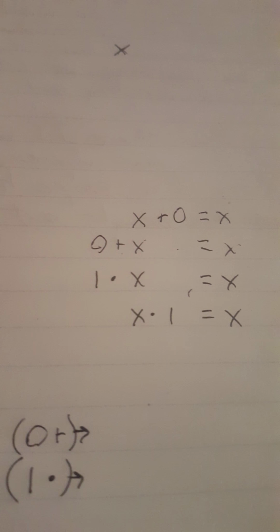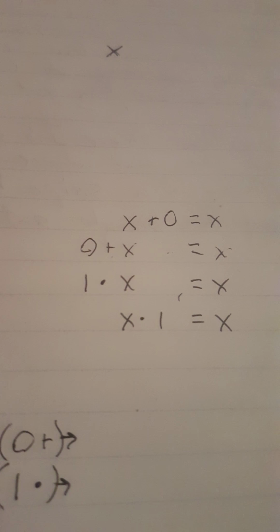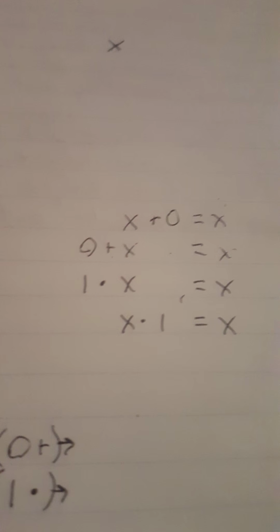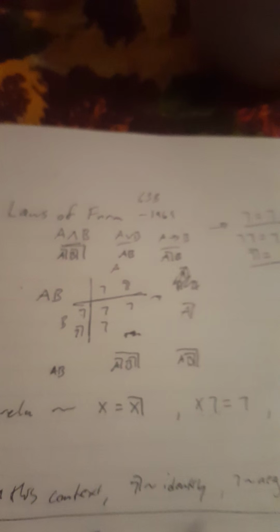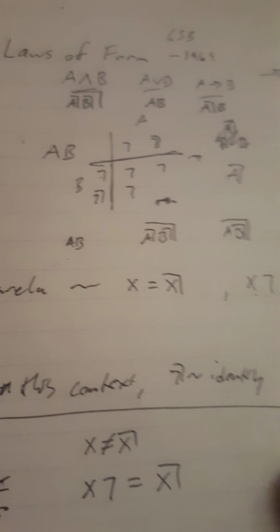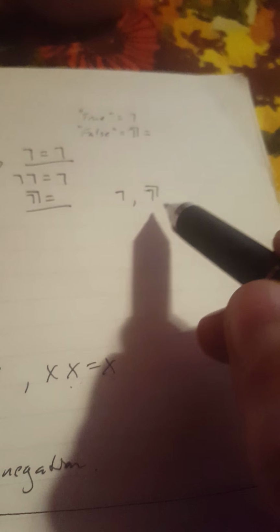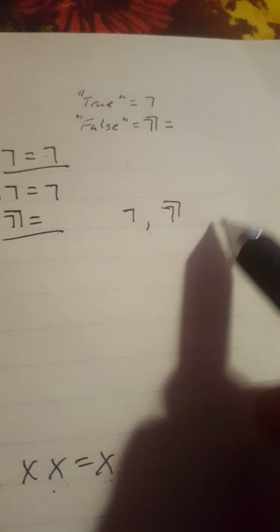Now, the algebra of forms came out of the laws of form, so I did a quick little intro trying to explain what that's about. You should definitely check that out if you want to know more. In the laws of form, you have essentially one symbol and then itself twice.